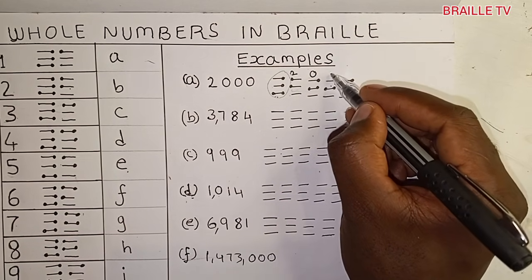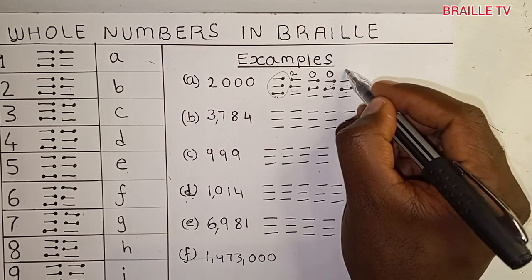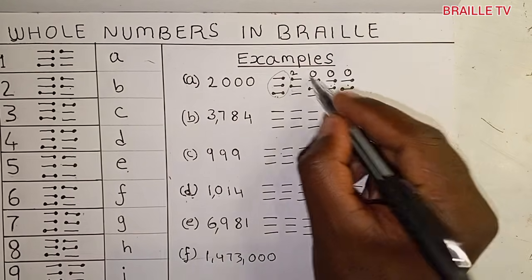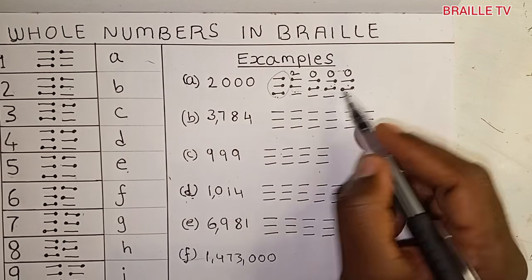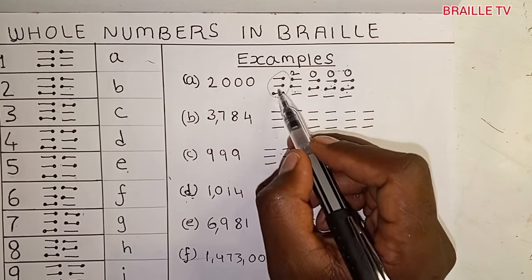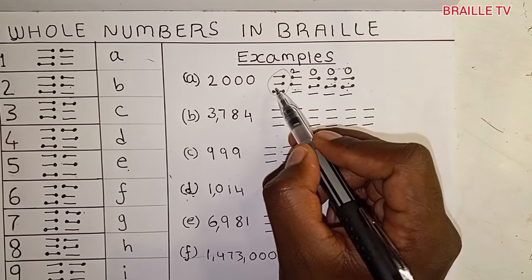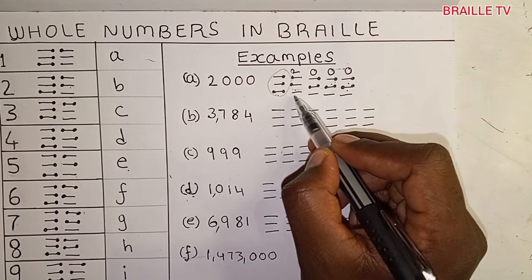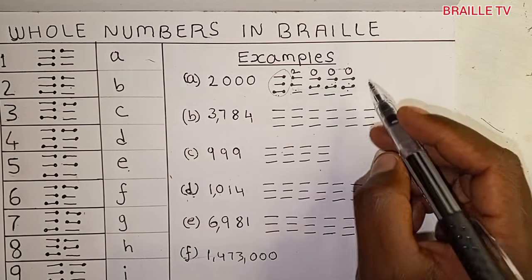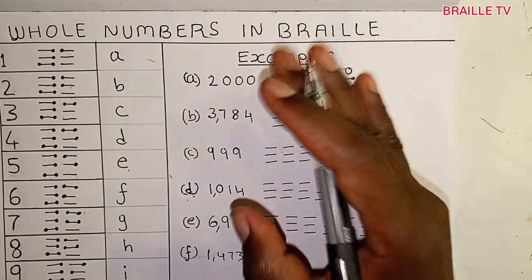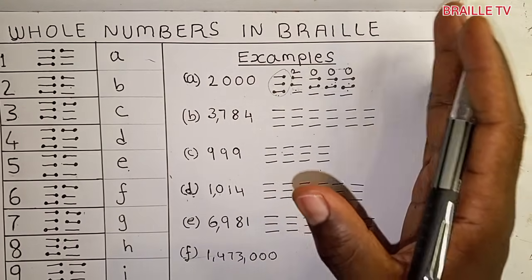This one is another J represents 0. So this is 2000 in print, and this one is 2000 in Braille. So teachers, this one numeral sign here affects all these letters on this side, unless kukuwe na kitu kama space, and then there you can introduce another numeral sign.